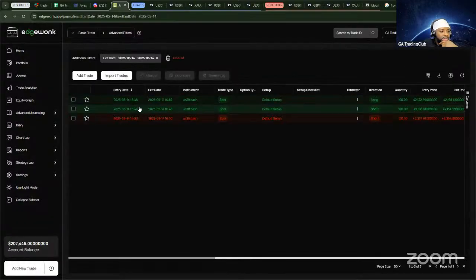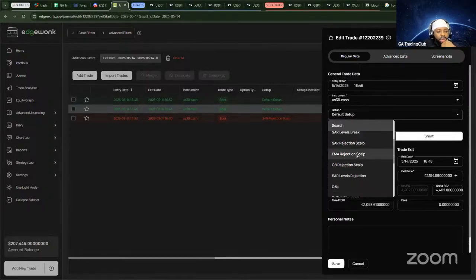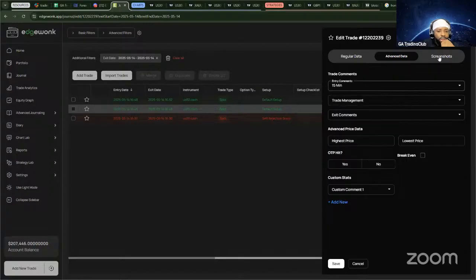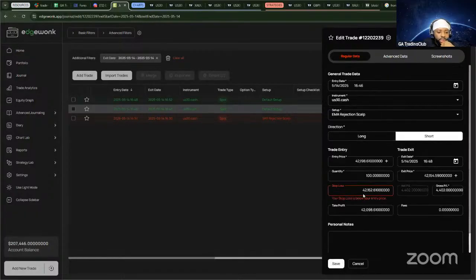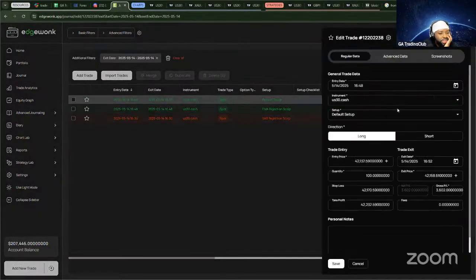The second one was a 15-minute EMA rejection, 9 EMA, 15-minute, 42,218.61. And the last one, what was it?